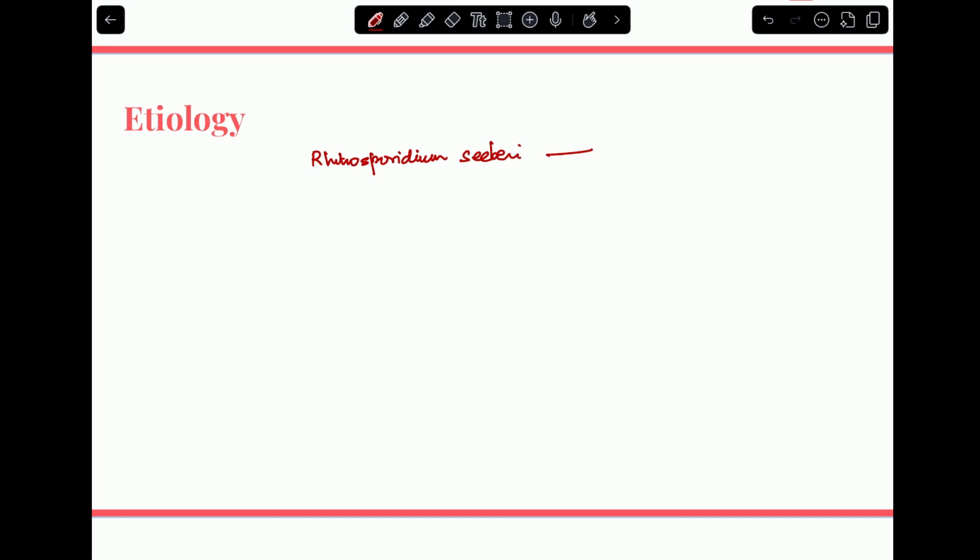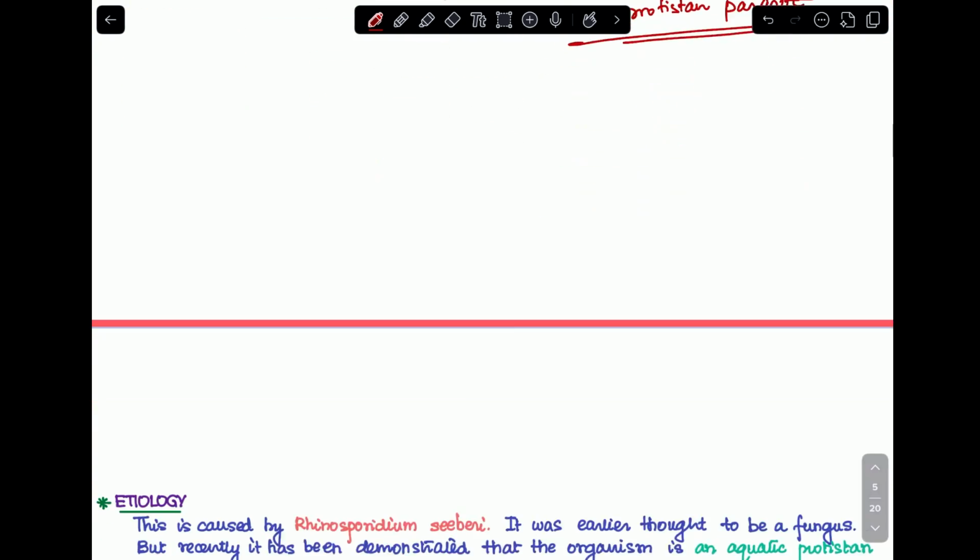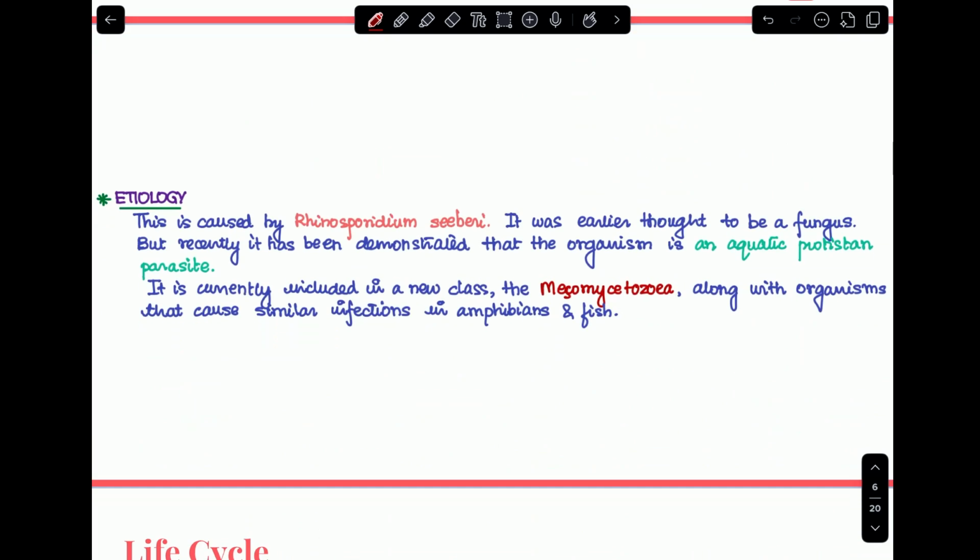Earlier, this organism was thought to be a fungus, but later it was demonstrated that this organism is actually not a fungus, but rather belongs to a group of aquatic protistan parasites. So now this parasite has been included in a new class which is known as Mesomycetozoa, along with other organisms which cause similar infections in amphibians and fish.